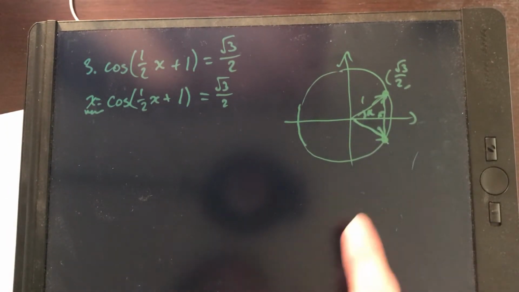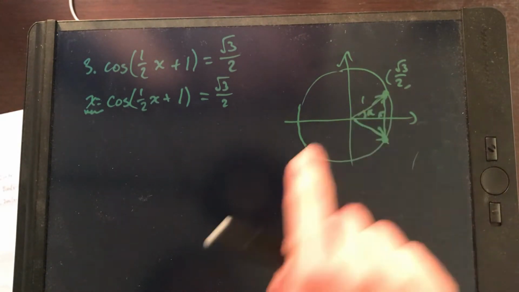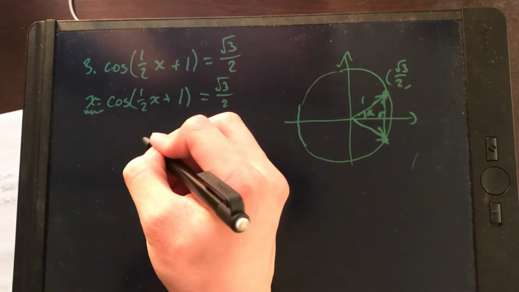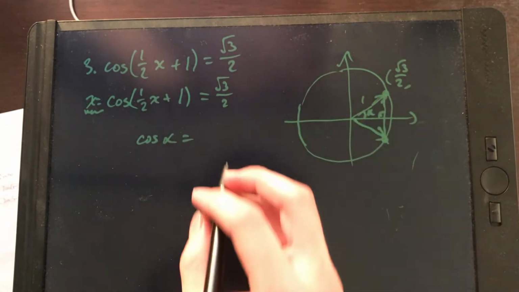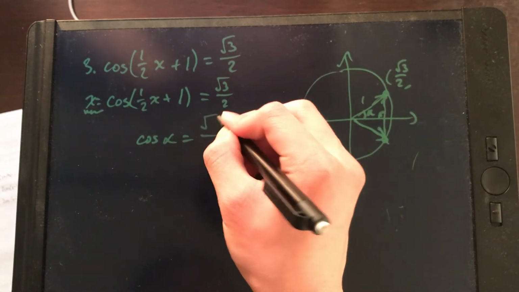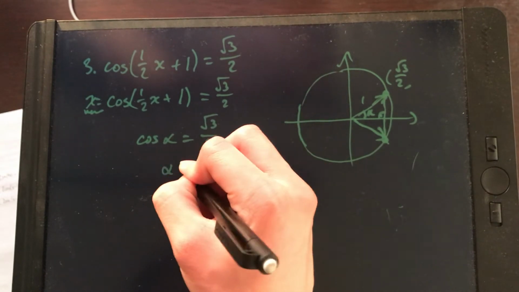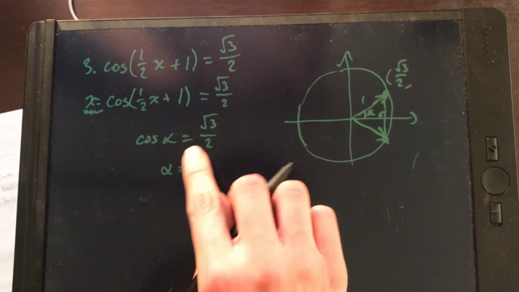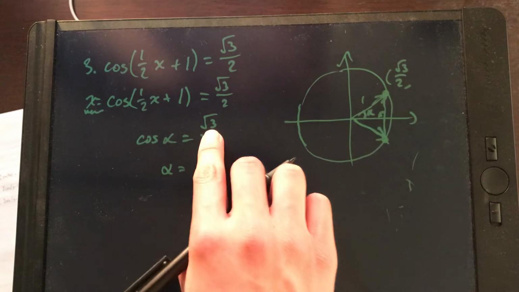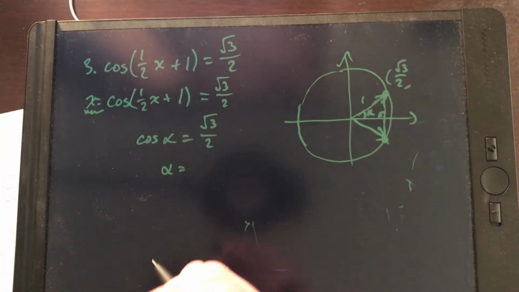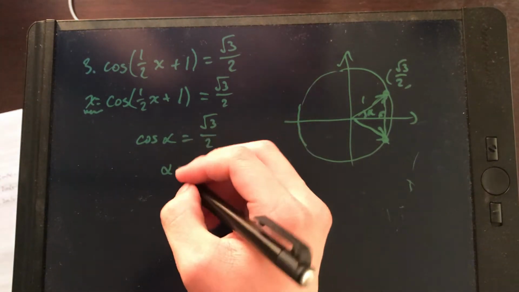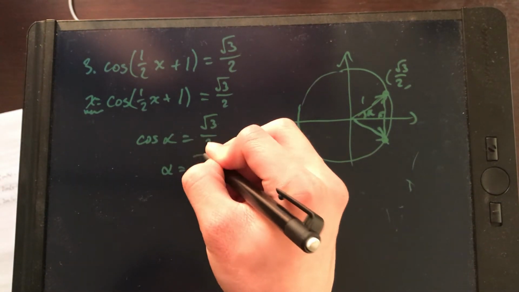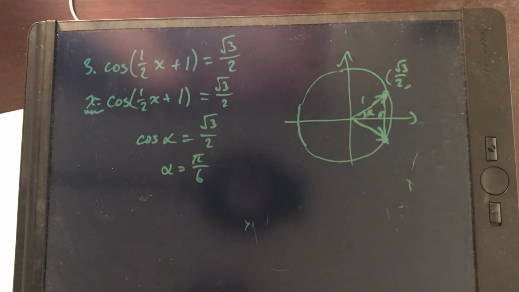So, if the x-coordinate is square root 3 over 2, cosine of alpha, this length here is square root 3 over 2, cosine alpha is going to be square root 3 over 2, and the reference angle alpha is just going to be, well, how do we get here? This is a special angle. You could use the inverse cosine function, but it's nice to just remember that alpha will be pi over 6.